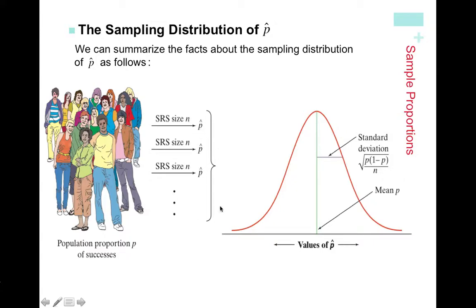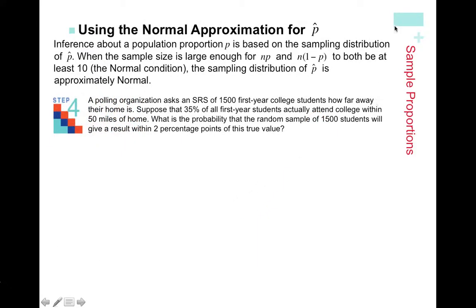And if we do that enough, our dot plot, our visual representation of those sample proportions, begins to resemble a normal distribution. And we can calculate the mean, it's the same as p, and our standard deviation, and perform normal distribution calculations. And that, ladies and gentlemen, is the big idea behind this section.